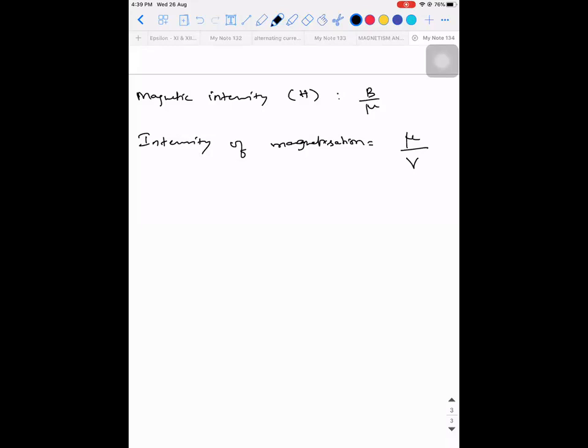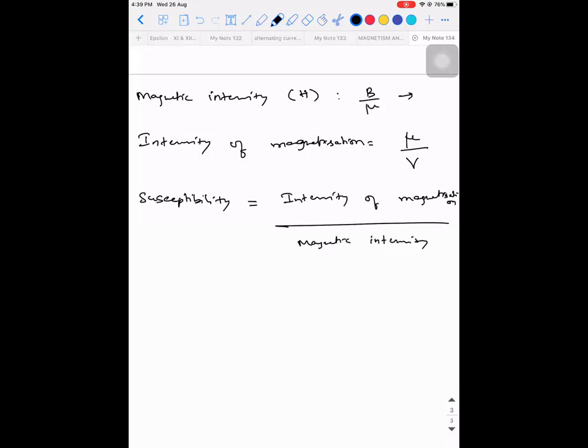Now, the susceptibility is defined like this. It is defined as the ratio of intensity of magnetization divided by the magnetic intensity. This is the input, and this is the output that is getting generated.